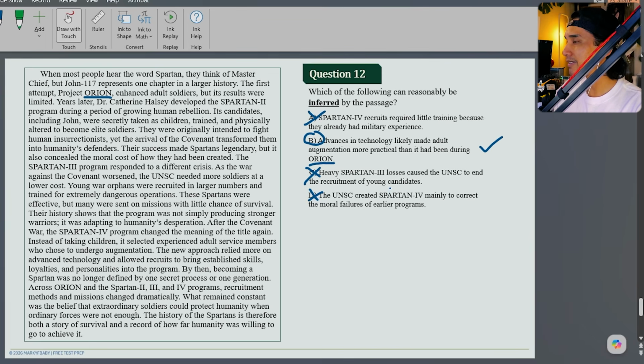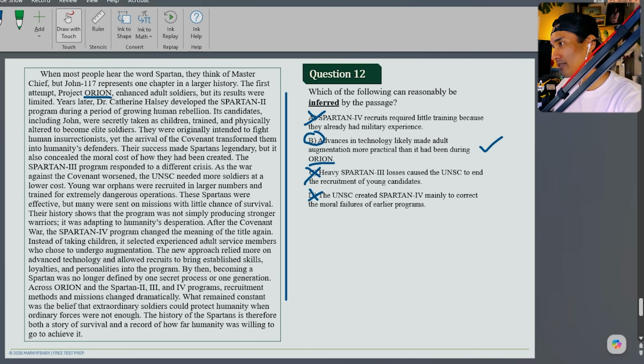The word likely is important. But okay, I digress there. Really, I already said that there was progress from Orion all the way to the Spartan 4 program, which gives us more confidence that advanced technology likely made adult augmentation more practical. So there you have it, folks. Answer choice B is the correct answer.